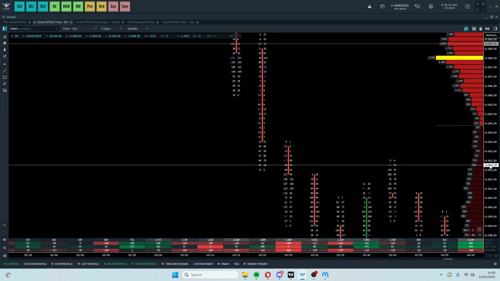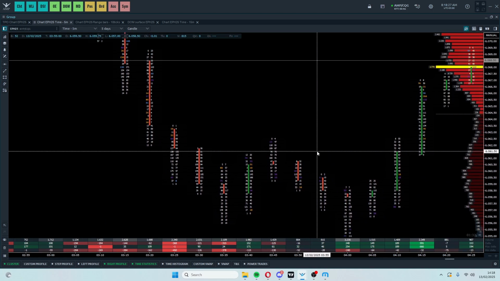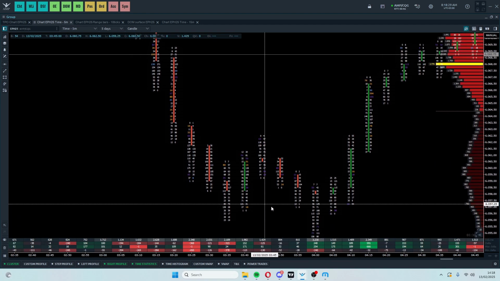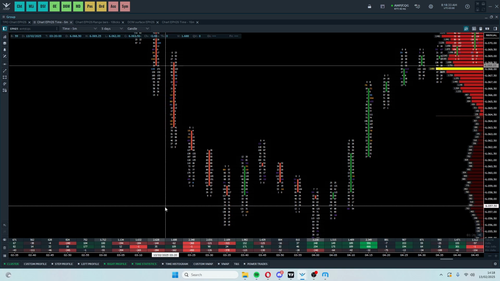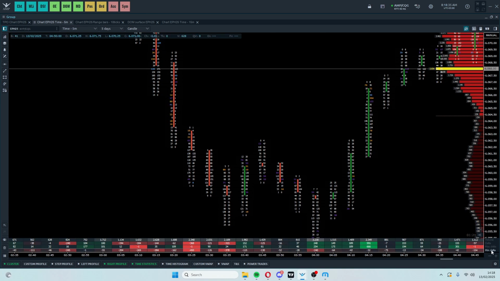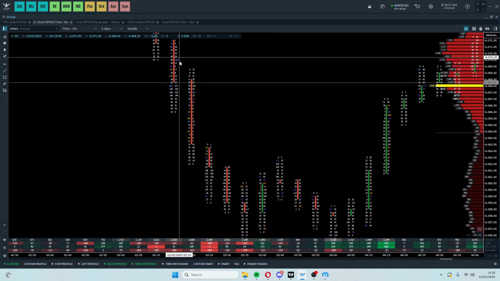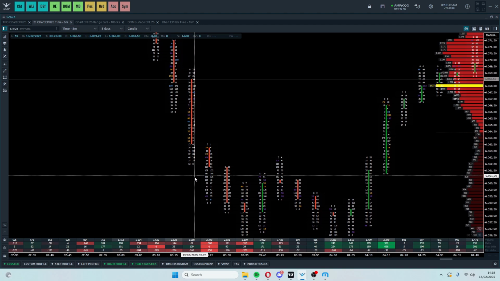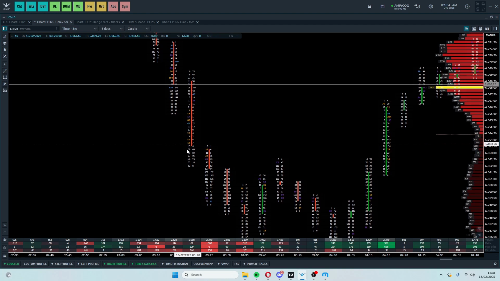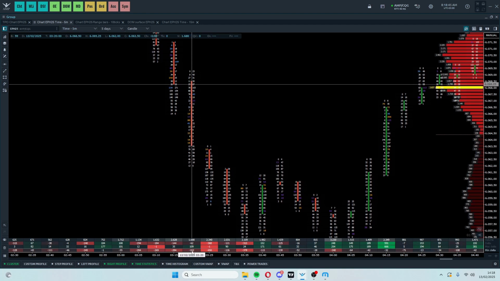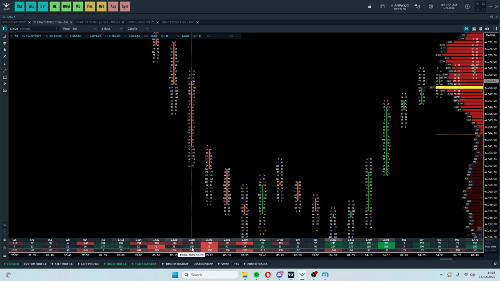If you look at the table at the bottom of this page, you can see the delta of the entire candle as well as the maximum delta and the minimum delta. So inside of this time range, which is just a 5-minute chart, the minimum delta of this candle was minus 162 and the maximum delta was 110.